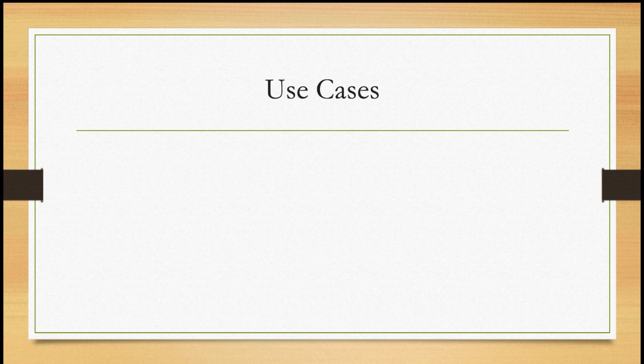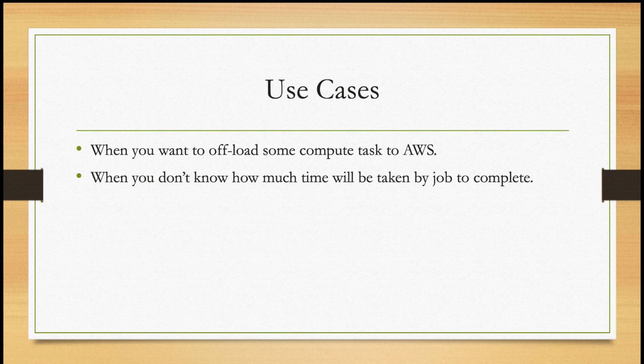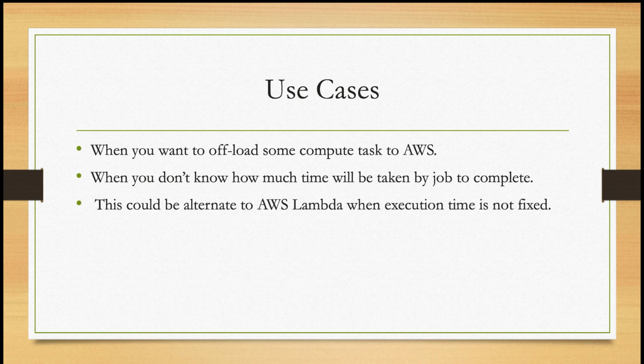So friends, let's discuss some use cases. So when will you use this service? Basically when you want to offload some of the compute tasks to AWS, when you don't know how much time will be taken by your job to complete. And another use case could be that it could also be an alternative to AWS Lambda when execution time is not fixed.